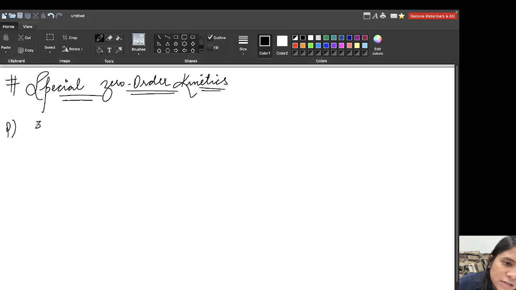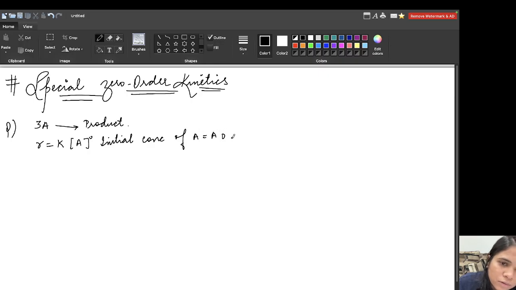Now the question is telling us 3A is giving me product, rate equal to K, A raised to the power 0, and here your initial concentration of A is given to you as A naught. So what you have to do is find the concentration of A after time t, and also you need to find t half.